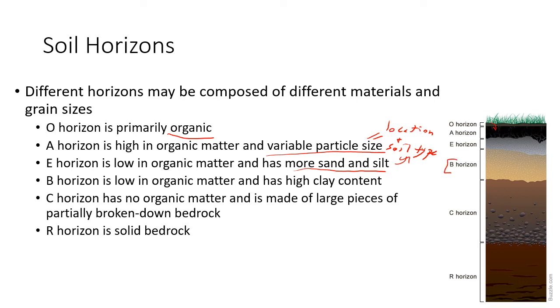The B horizon, though, is typically going to be high in clay. The reason for that is if you have your A horizon up here and you have your large grain sizes of sands, right?